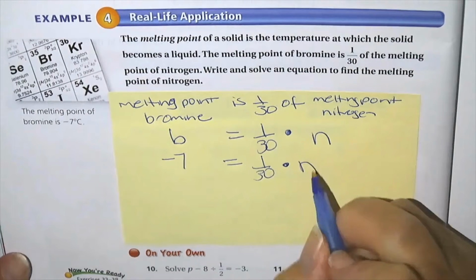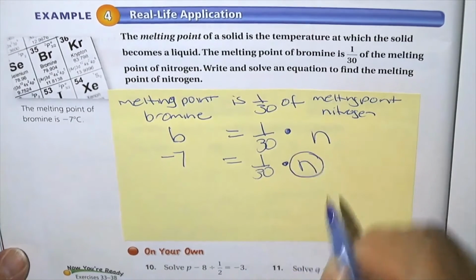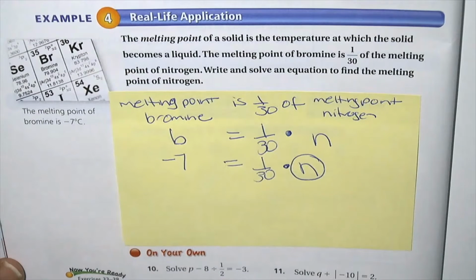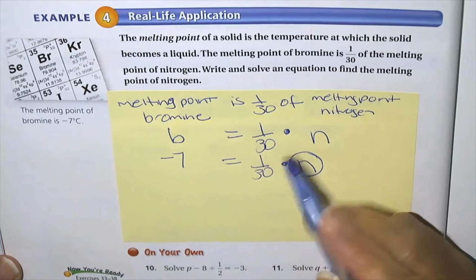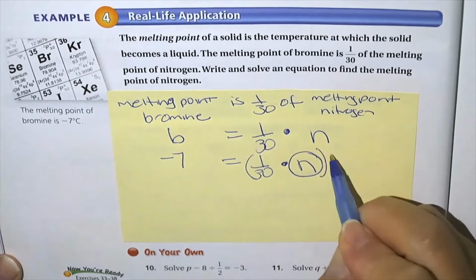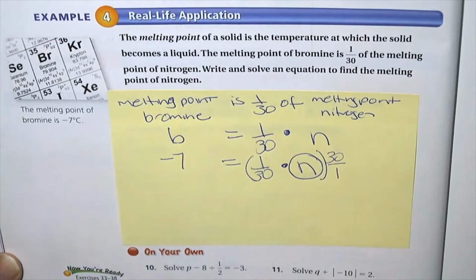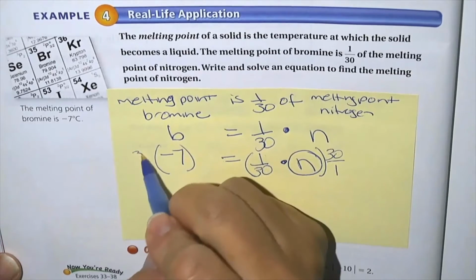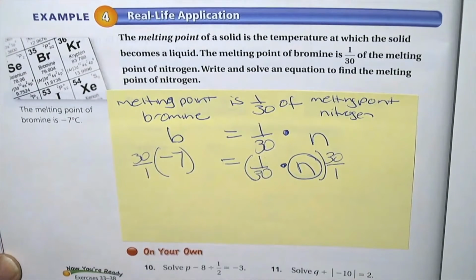So the first thing we do, we isolate the variable. We want to get rid of this 1/30, so we're going to multiply by 30/1. What we do to one side, we must do to the other.